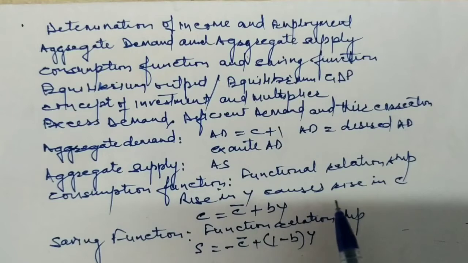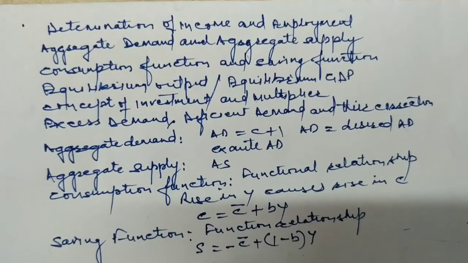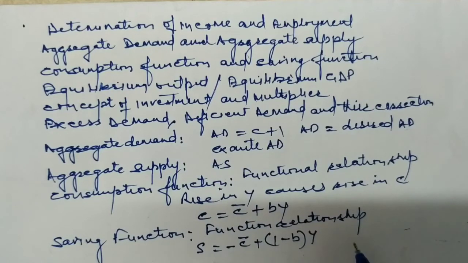Consumption function: C is equal to C bar plus bY, and saving function: S is equal to minus C bar plus (1 minus b)Y.